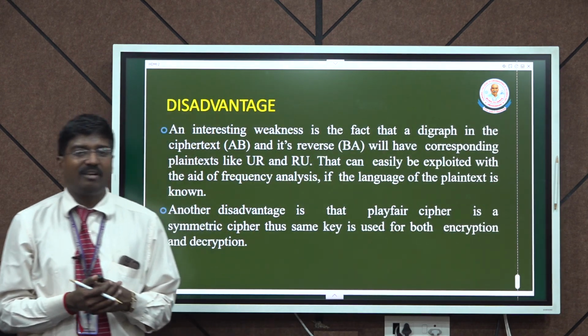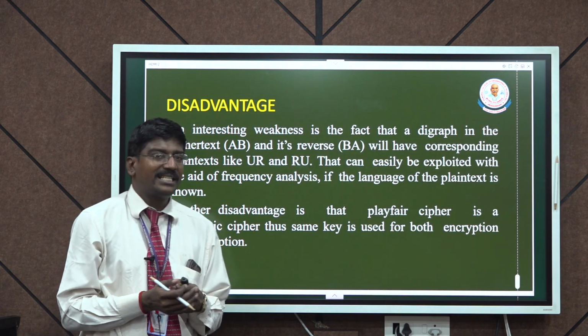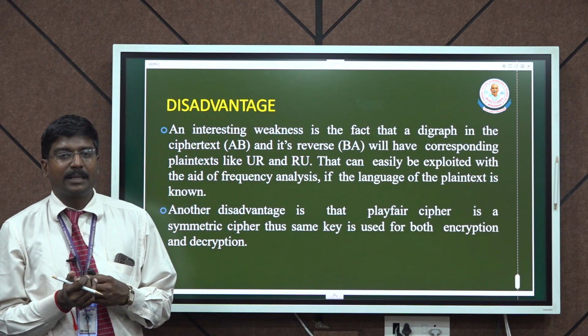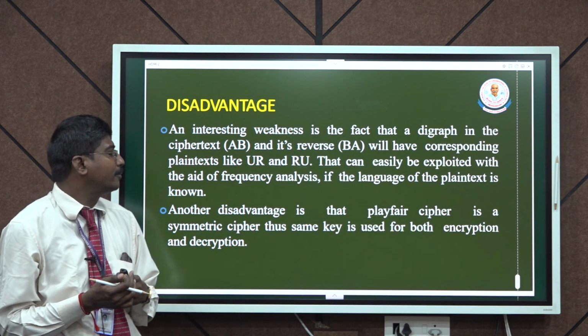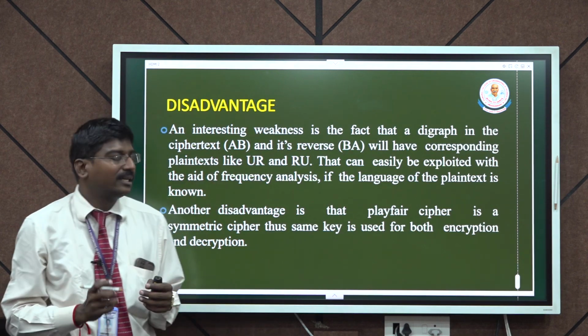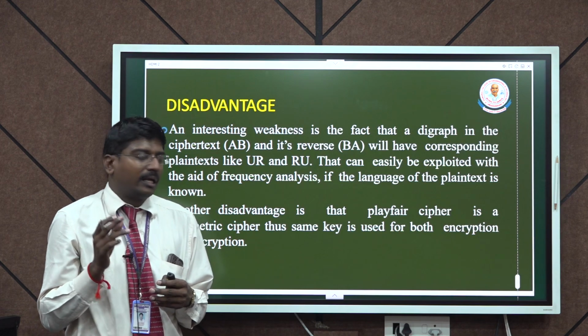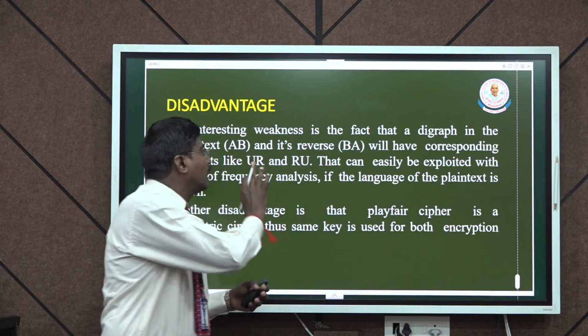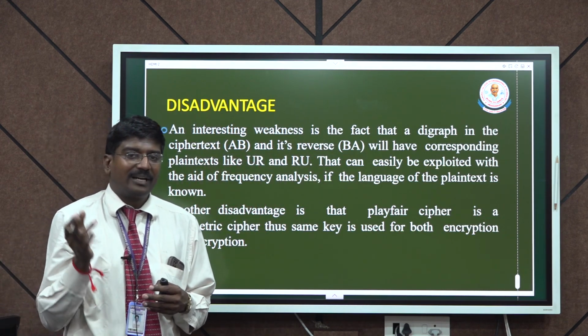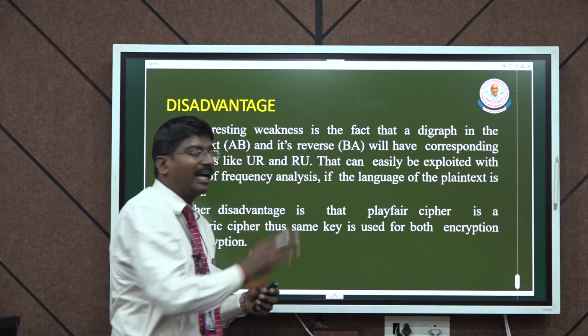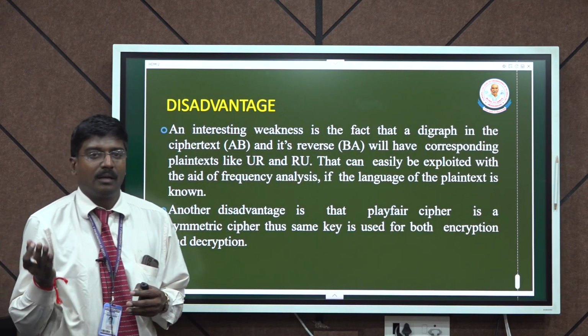And the disadvantages: the major weakness of the Playfair cipher is, consider the ciphertext AB. When we decrypt it, it will contain BA, which is the reverse of the ciphertext.